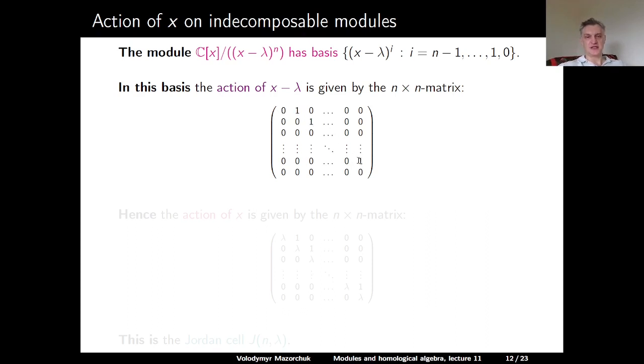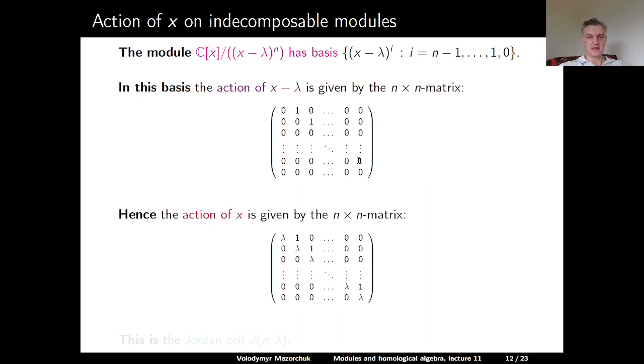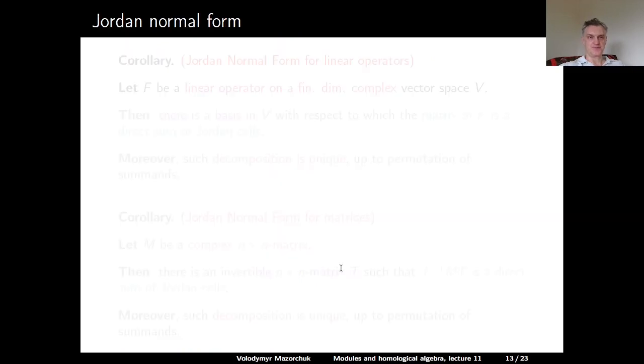So this is the action of x minus lambda. If you want the action of x, we should add lambda onto the main diagonal, and we get exactly the Jordan cell with the eigenvalue lambda and of size n. So we have such an n times n matrix with lambda on the main diagonal, 1 on the diagonal above it, and the rest is 0.